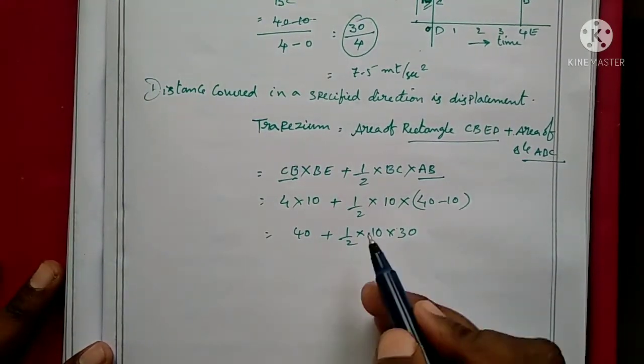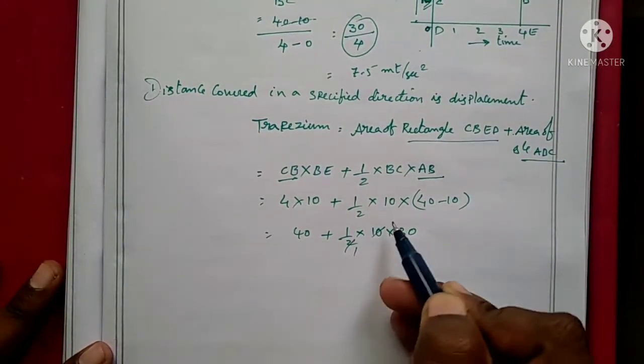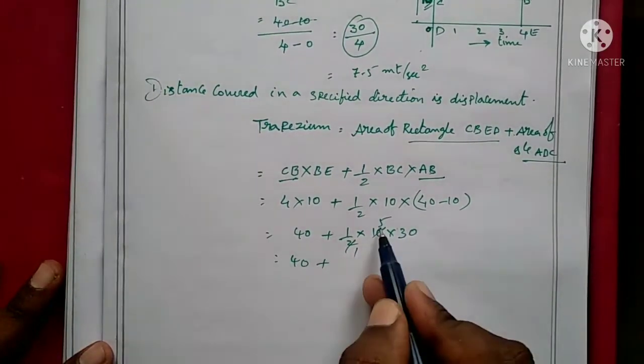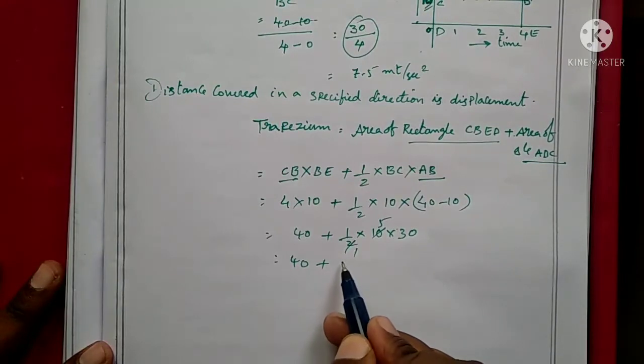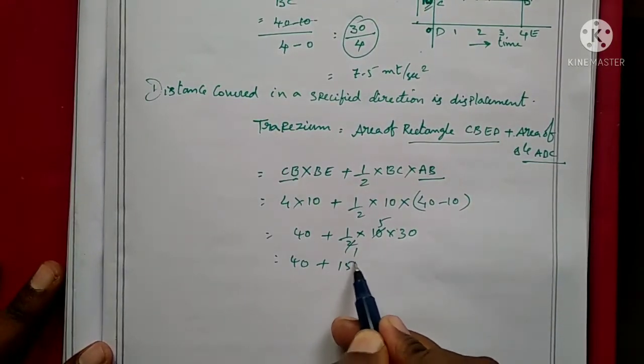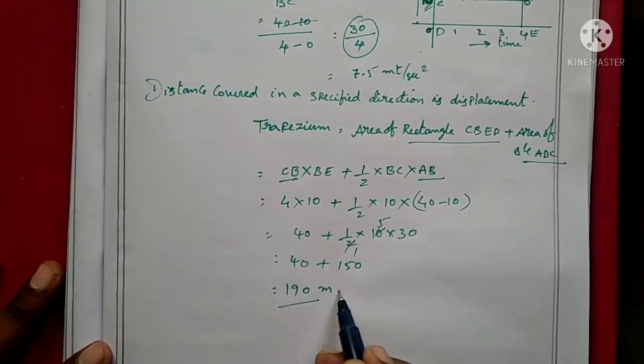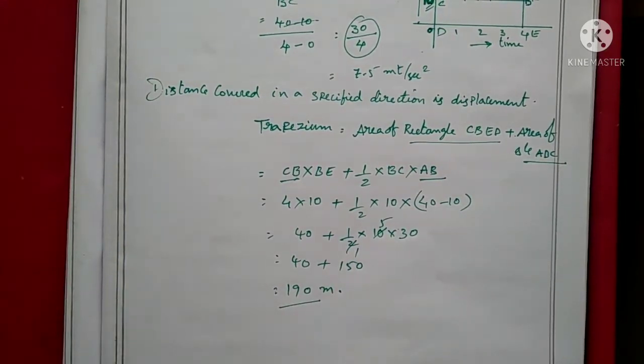To calculate it, 2 ones are 2, 2 fives 10. 40 plus 5 into 30, 150, that is equal to 190 meters.